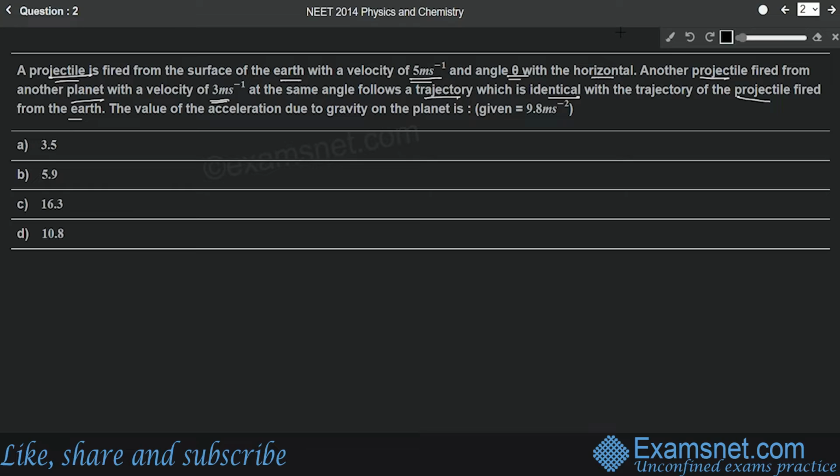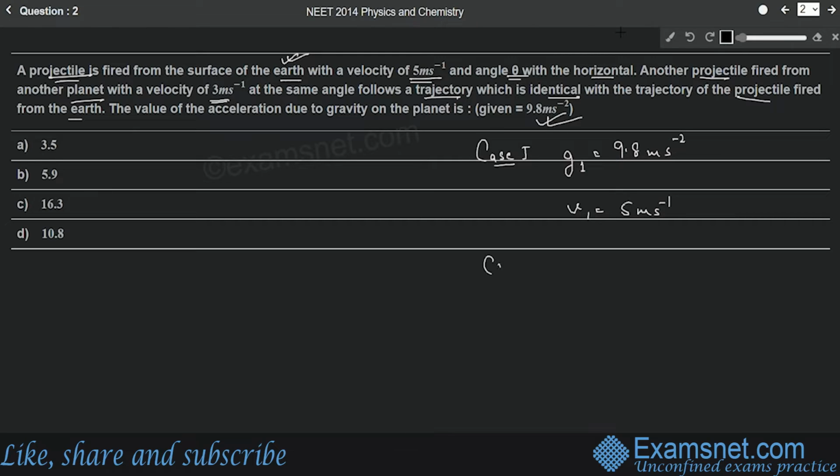Okay, so here we have two cases. In the first case, the projectile has been fired from the surface of the earth. What is the value of acceleration due to gravity on the earth? That means g1 is 9.8 meter per second square. It is already mentioned in the question. And the velocity at which the projectile has been fired, that means v1, is 5 meter per second.